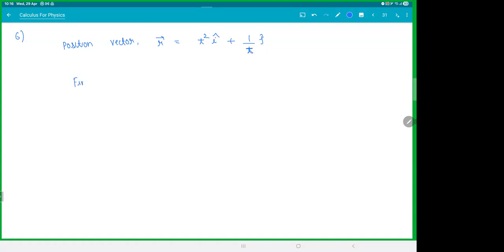Find velocity and acceleration vector. So basically the i cap and j cap are directions. They don't change, so they will just remain there. Vector at t is equal to 1. There, let's get this.